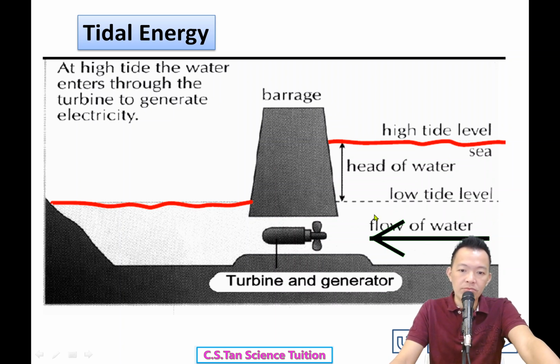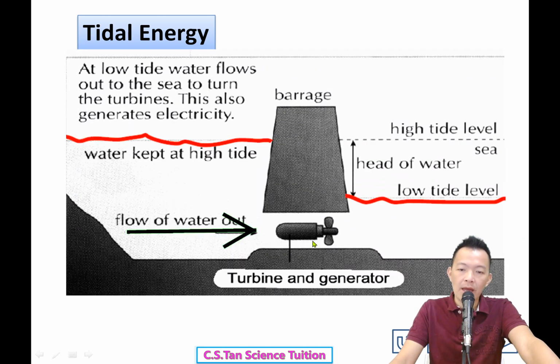When the water flows in, it will turn the dynamo, 它就转动发电机. Okay, another half day, 另外的半天, when the sea water has the low tides, what happens to the water inside?